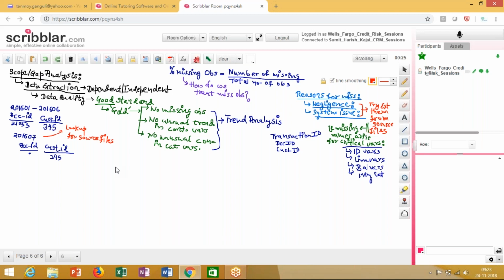Can you tell me when this can happen? A particular ID may go missing over a period of time. How do you think that particular transaction would have happened? Or why would that particular transaction have happened?